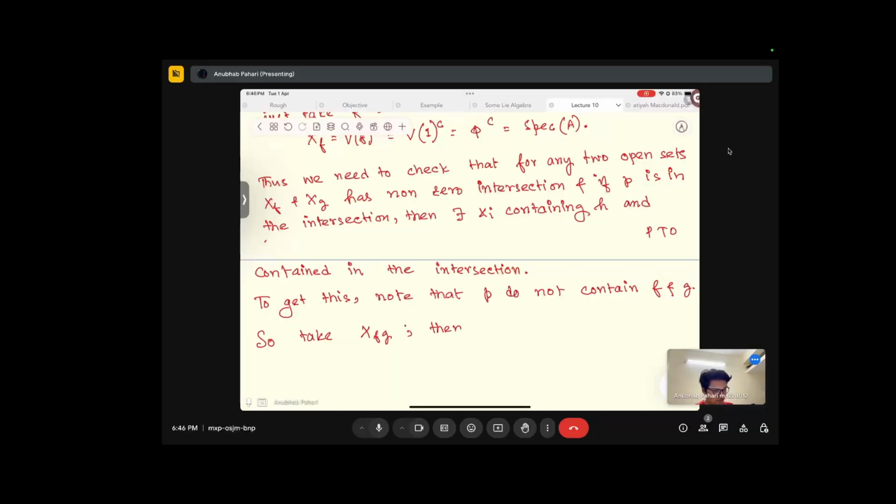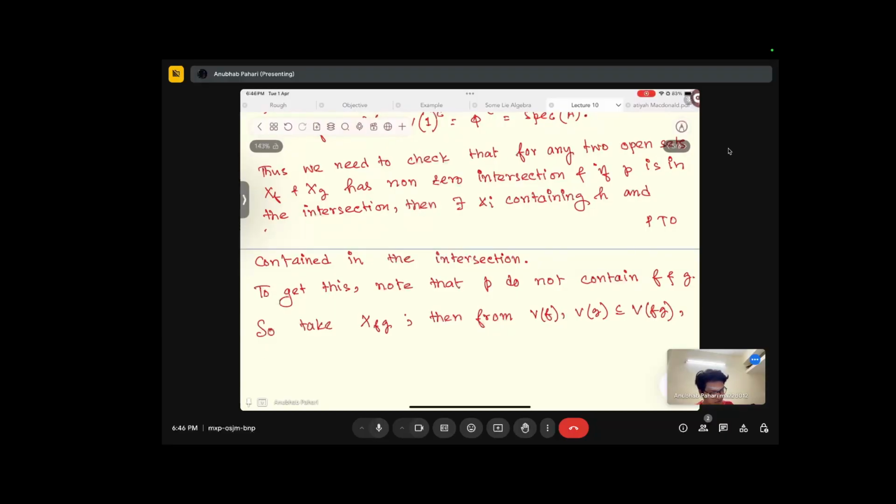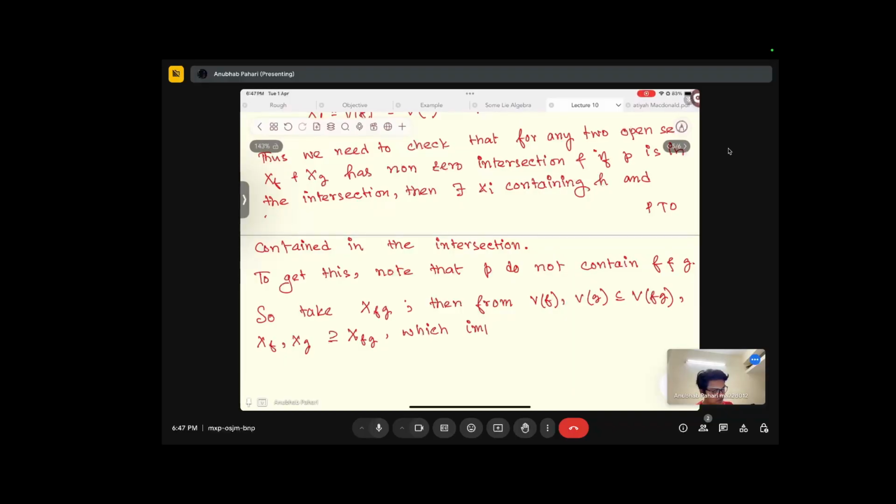Then from V_f, V_g being contained in V_fg, X_f, X_g containing X_fg, which implies X_f intersection X_g contains X_fg.